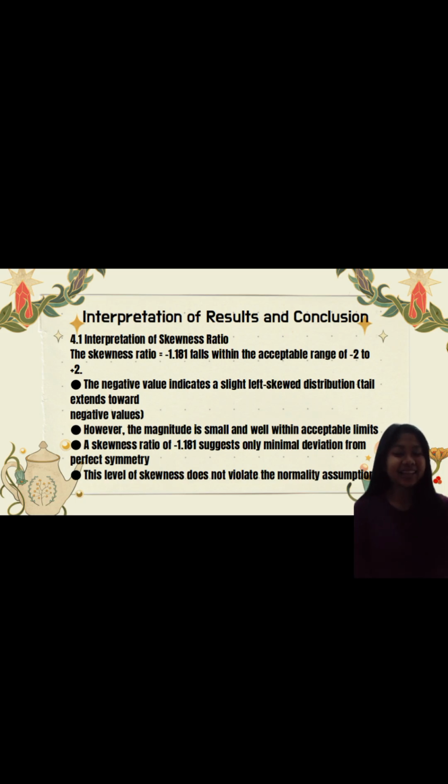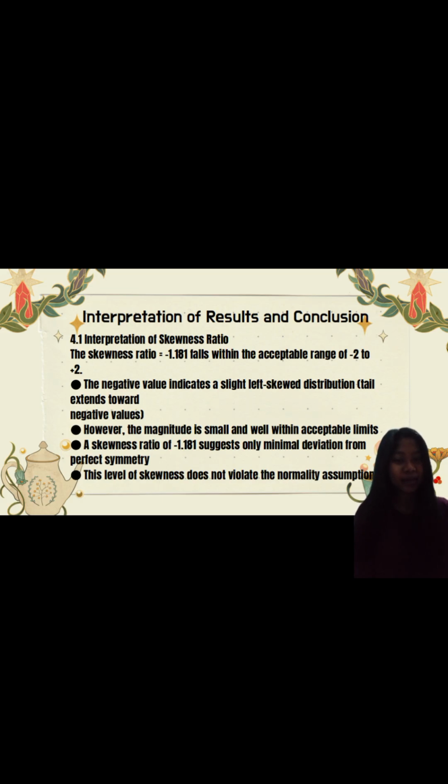Okay, next slide. I will explain the interpretation of results and conclusion, specifically the interpretation of the skewness ratio. From the calculation, the obtained skewness ratio is minus 1.181. This value falls within the acceptable range of minus 2 to plus 2. The negative value indicates that the data distribution is slightly left skewed, meaning the tail extends towards the negative side.